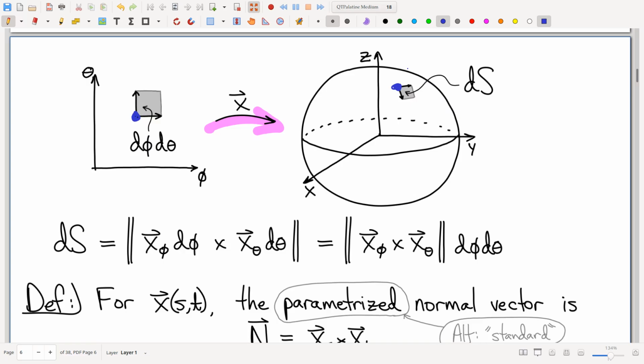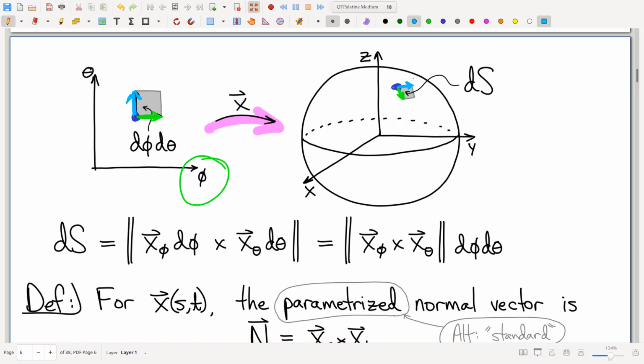And then you can also talk about vectors. So this little vector right here represents moving in the phi direction. As you move your parameters in the phi direction, that's going to cause movement on the surface. And likewise, if you move in that direction, that's going to cause movement on the surface.